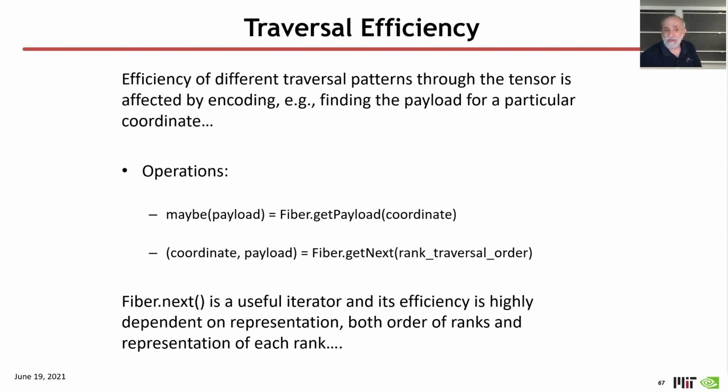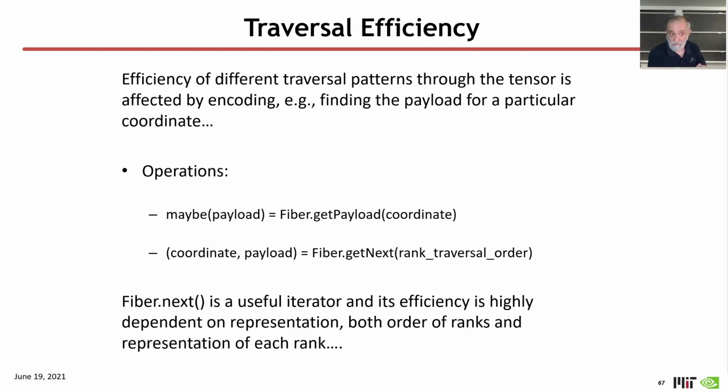So that was the kind of operation we used when we looked for a point in the fiber tree. Another one that is very common is that I want to be able to traverse a fiber getting consecutive coordinates. So I'd say fiber.getNext in a particular order.